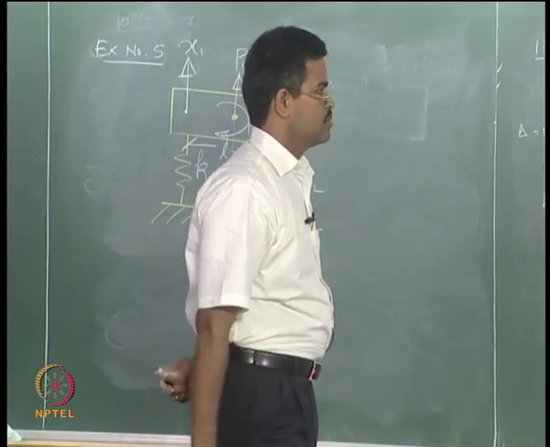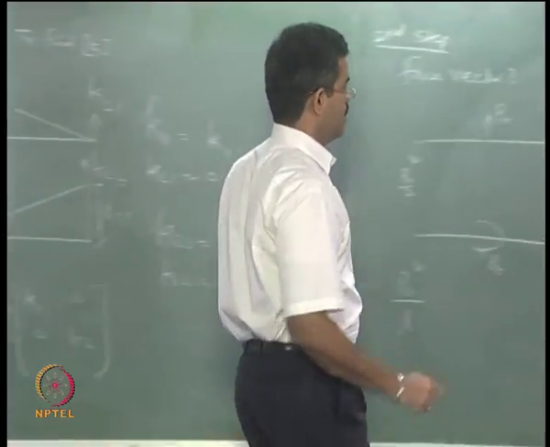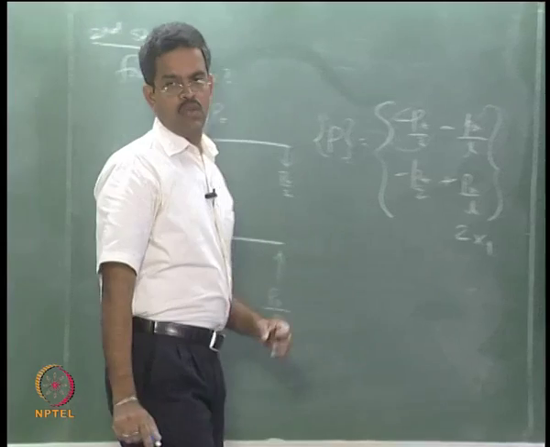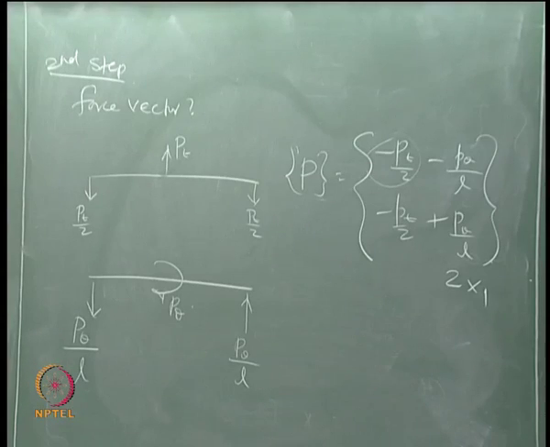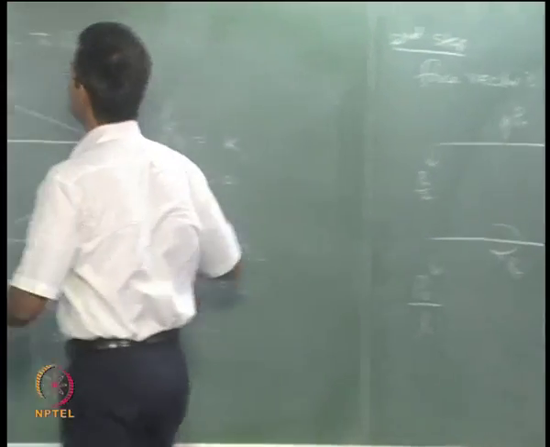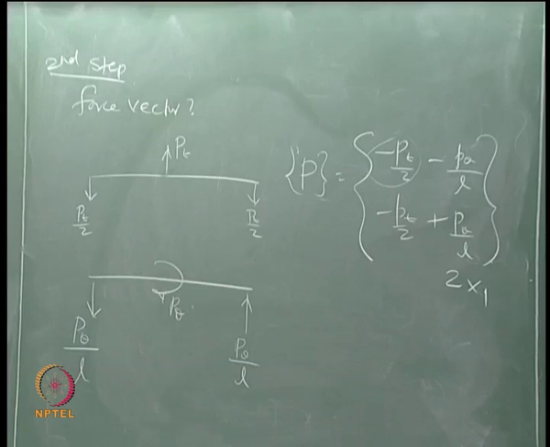And so on. So I got my force vector, which is a vector of 2 rows and 1 column. The third step will be to derive my mass matrix. Any doubt here? I will remove this.